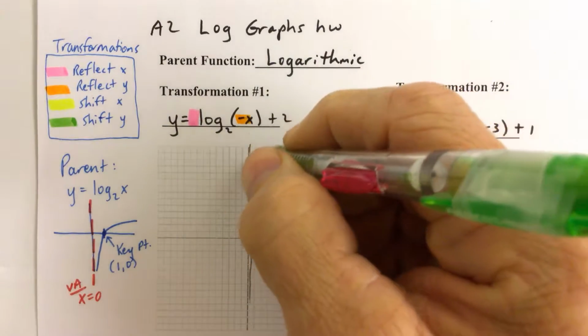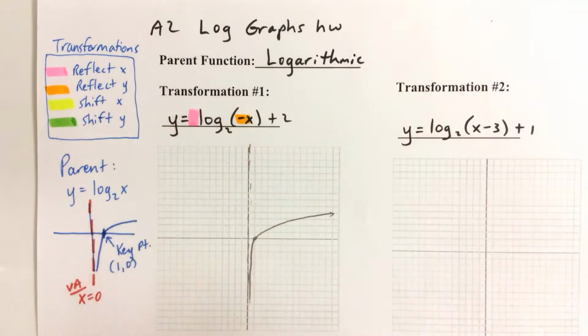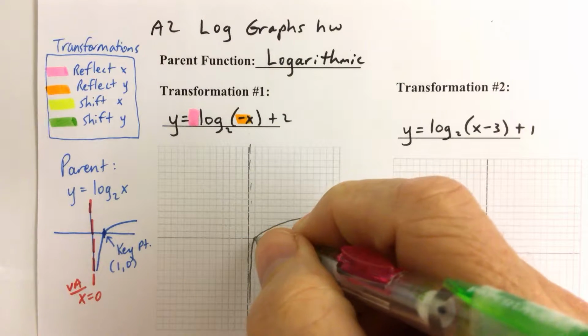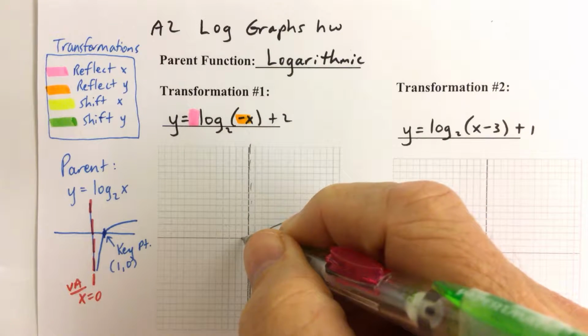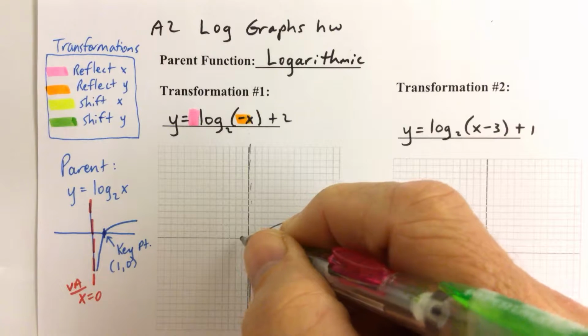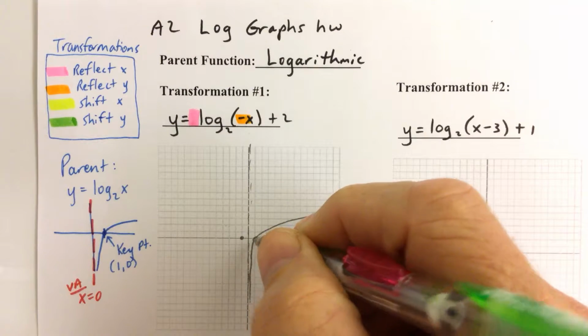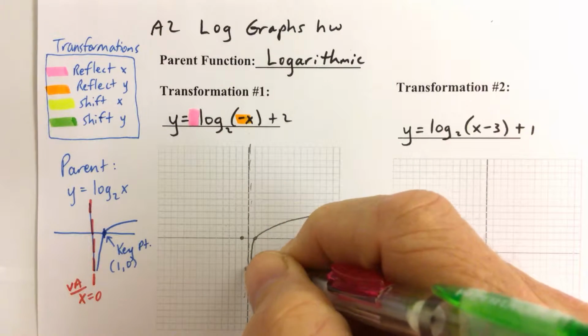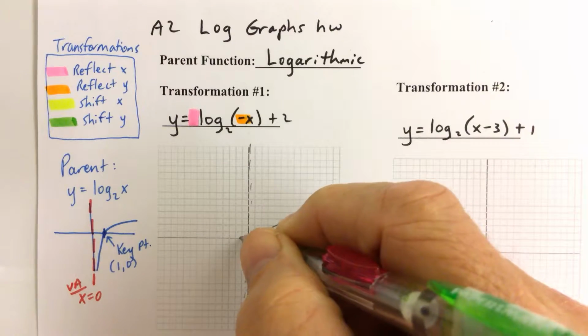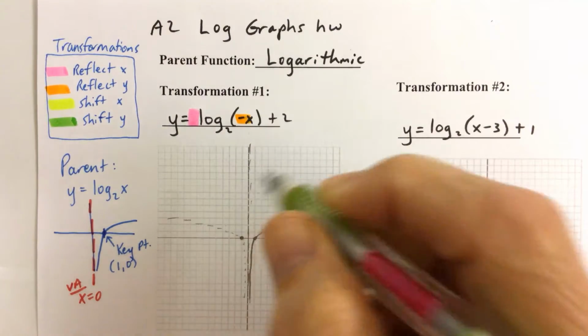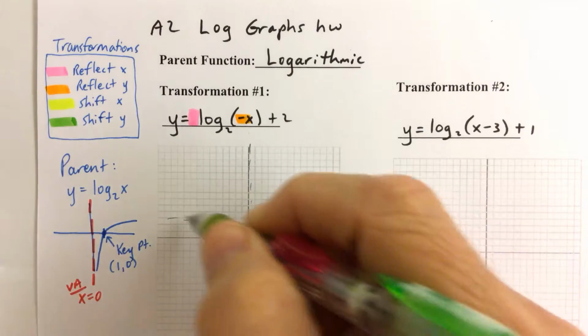The vertical asymptote again is x equals 0. If we're going to reflect that graph about the y-axis, then that point, which is at (1, 0), gets reflected to (negative 1, 0), like folding that graph over the y-axis. And so the graph would look like that. You can see it, a little dashed line there.